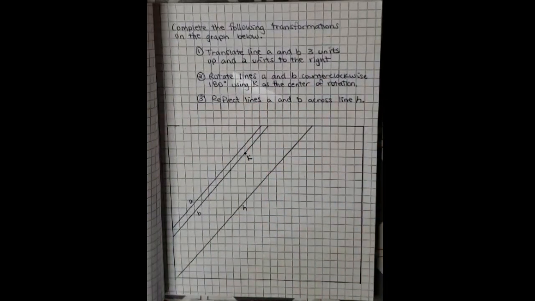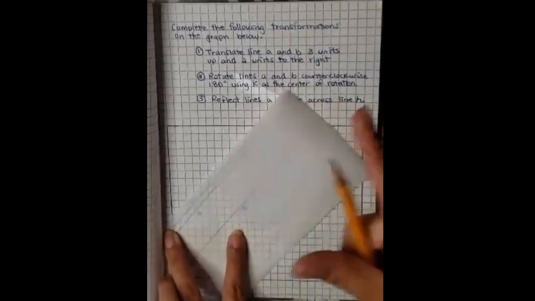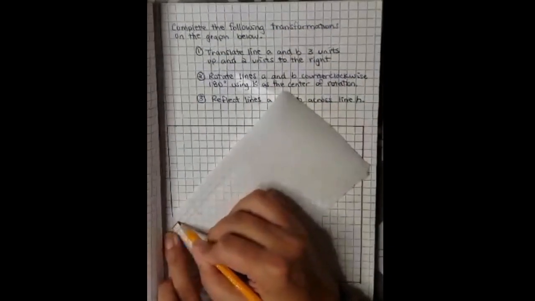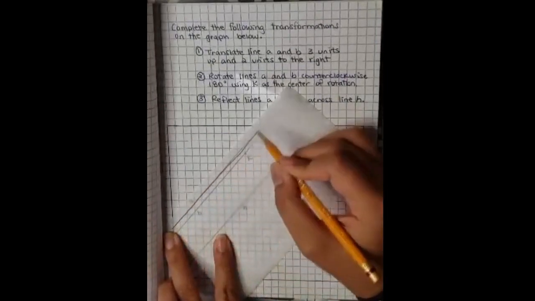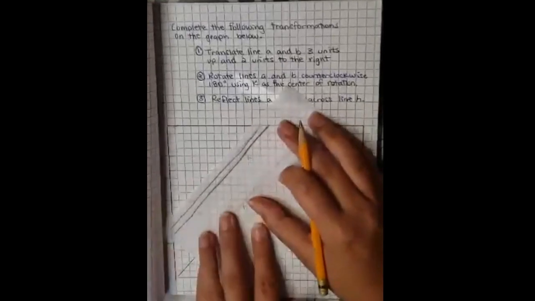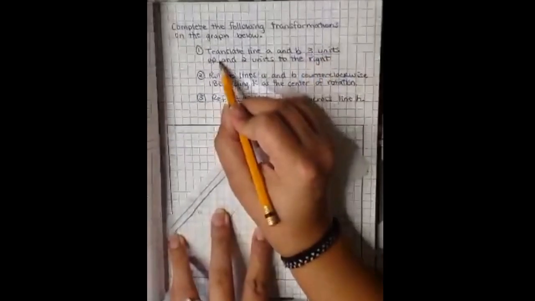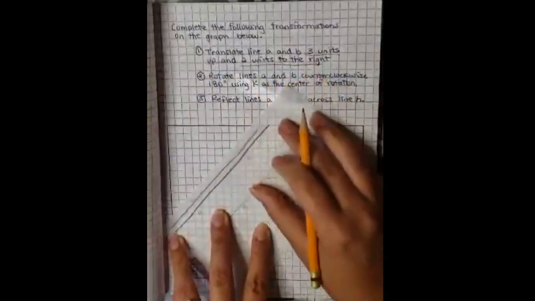So first we are going to translate. Let's take our tracing paper, and we are going to trace line A and line B. Now it says I want to translate these 3 units up and 2 units to the right.